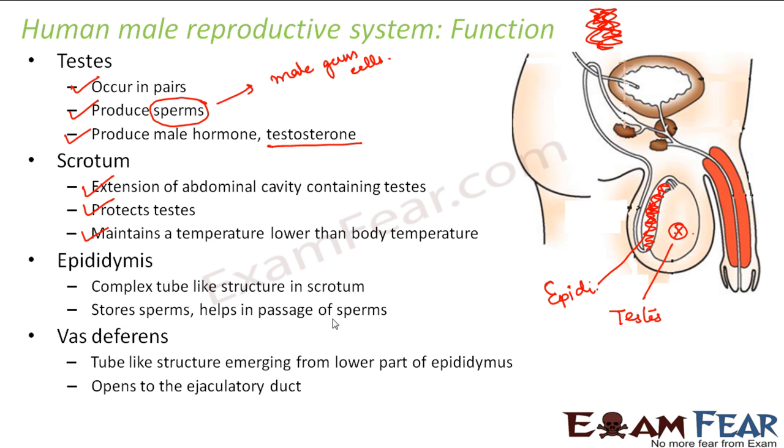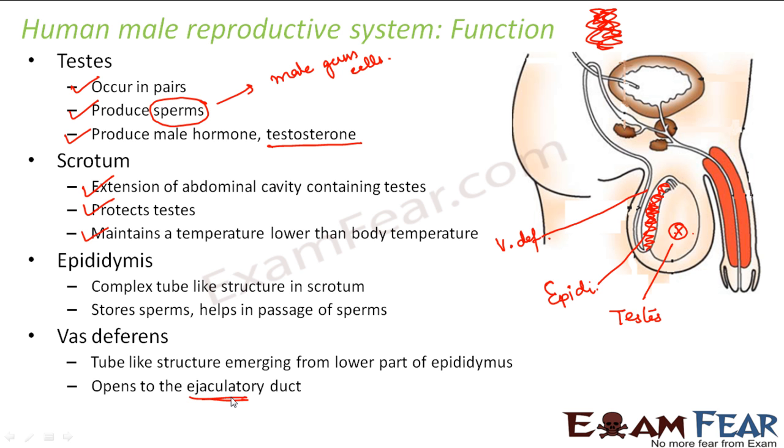The next one is the vas deferens, that is this tube-like structure. This is the vas deferens. It is a tube-like structure emerging from the lower part of the epididymis. It opens to the ejaculatory duct. So this is the tube which helps in carrying the sperm. Ejaculatory word comes from the term ejaculation, that means giving out something.